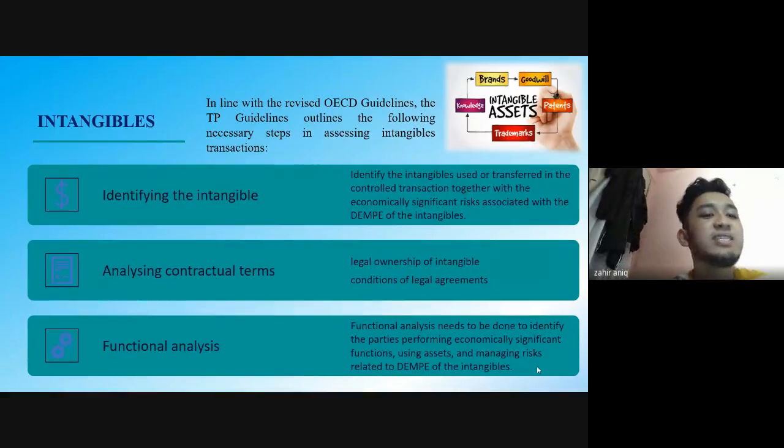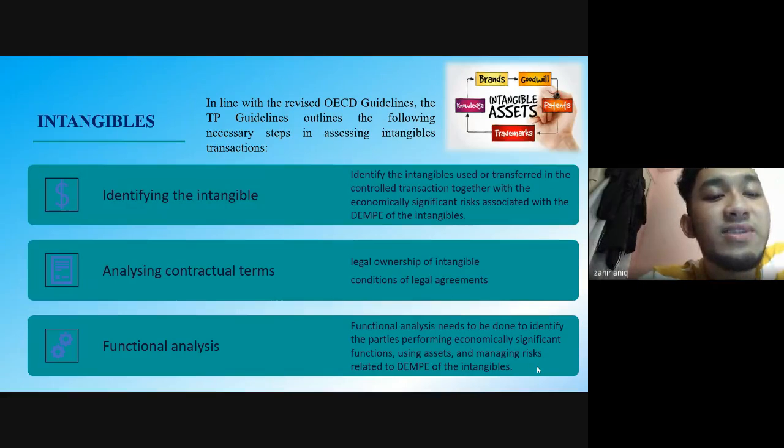Next is functional analysis, which needs to be done to identify the party performing economically significant functions, using assets and managing risks related to the DEMPE of the intangible.